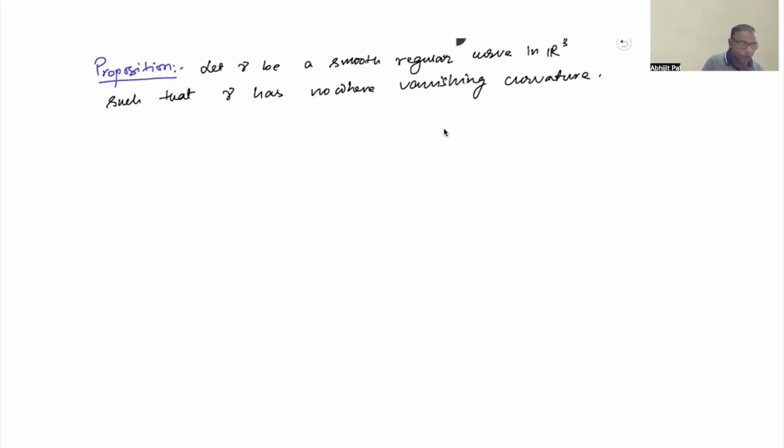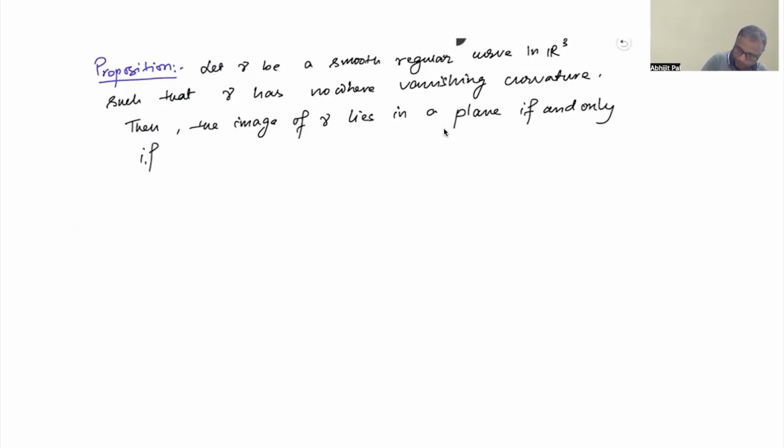Then the image of gamma, or trace of gamma, lies in a plane if and only if the torsion tau of gamma is equal to 0.